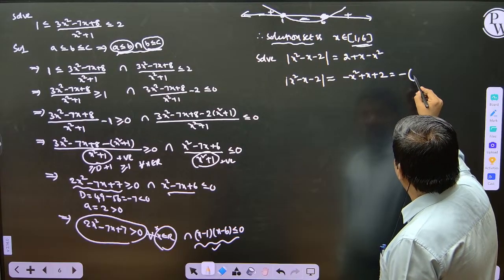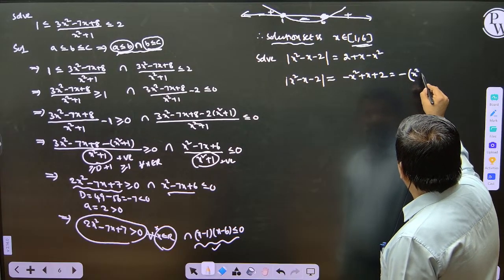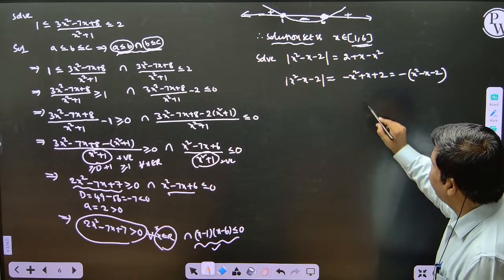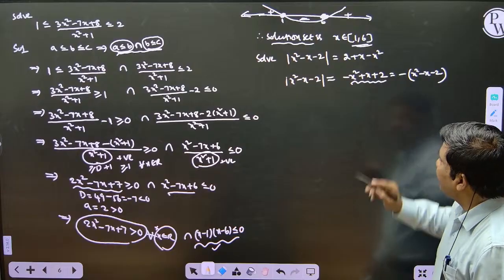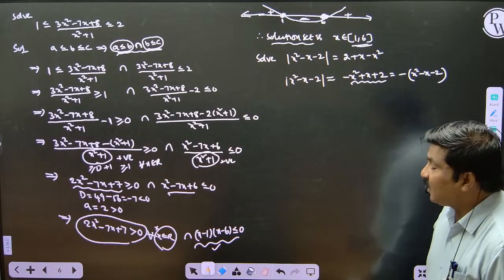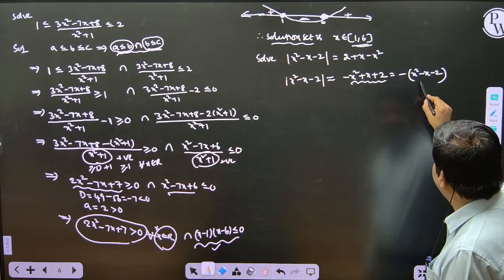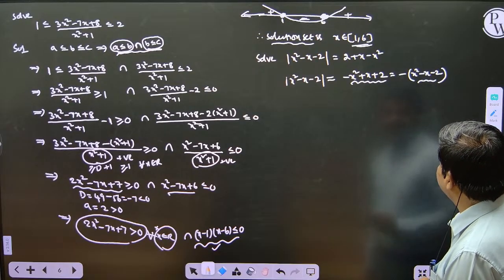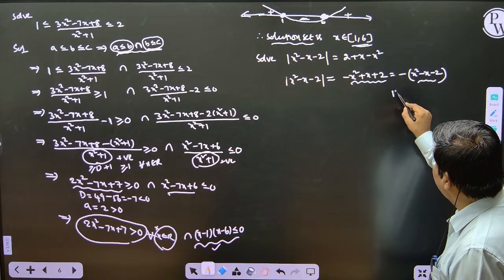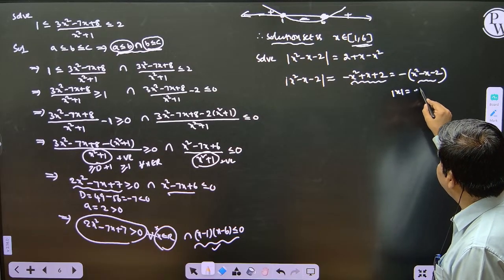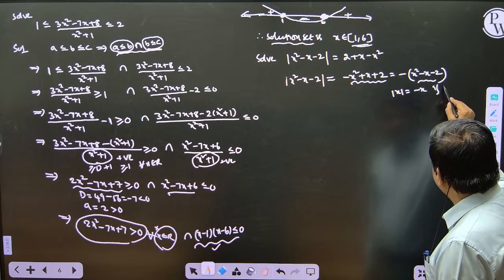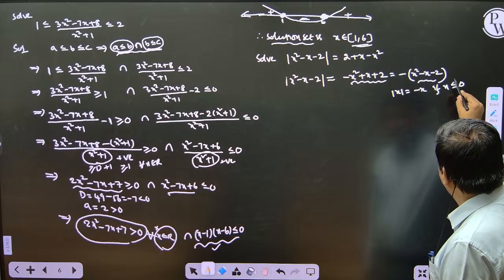Minus of x square minus x minus 2. Is it possible? We can write minus of x square plus x plus 2. If I take minus common, I can get minus of x square minus x minus 2. As we know that modulus of x is written as minus x whenever x is less than or equal to 0.